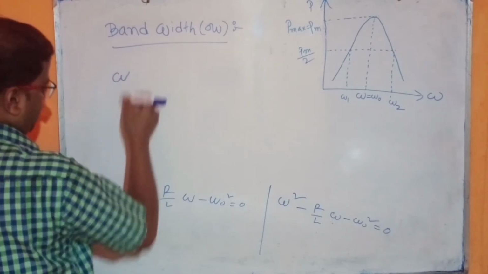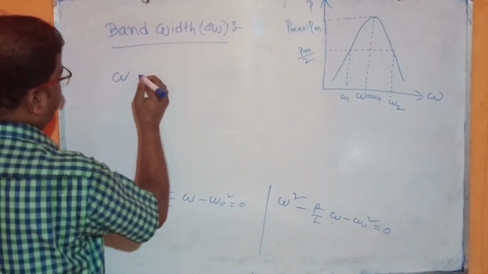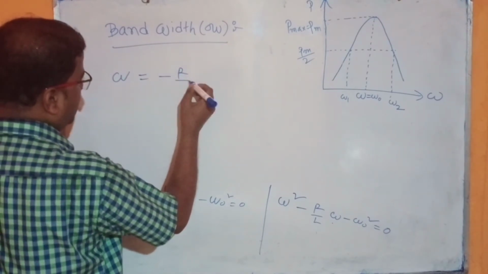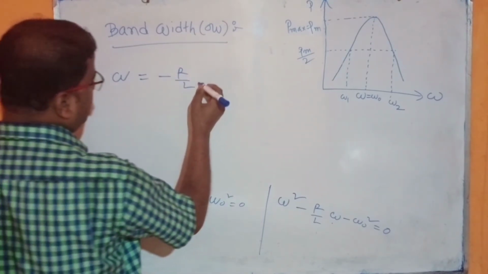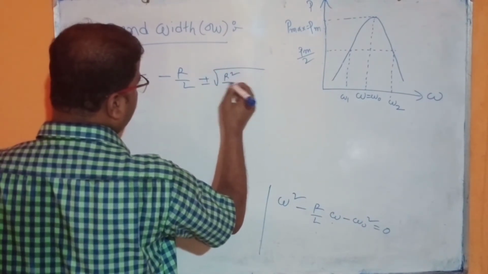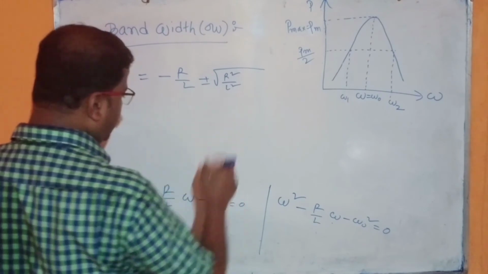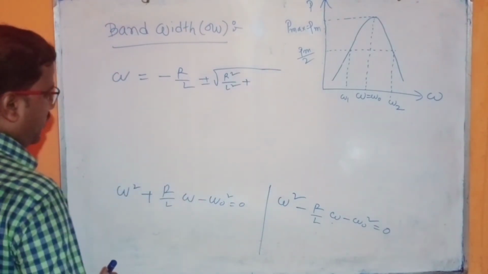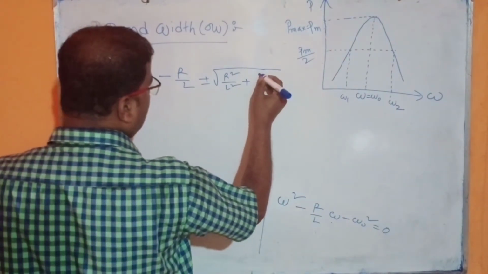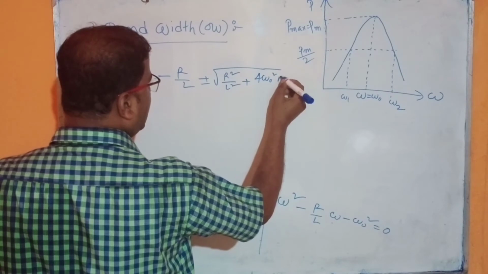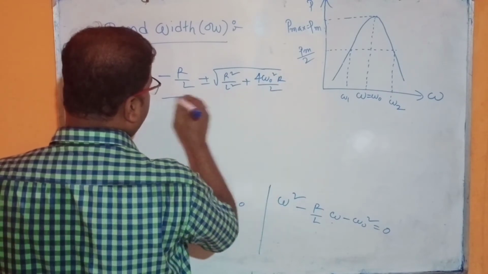The roots omega equal to minus b, that is R by L, plus minus root over b square minus 4ac, that is plus 4 omega 0 square, all divided by 2.